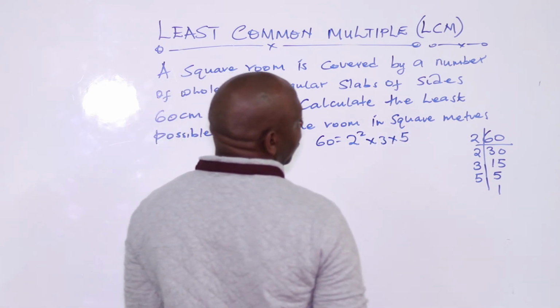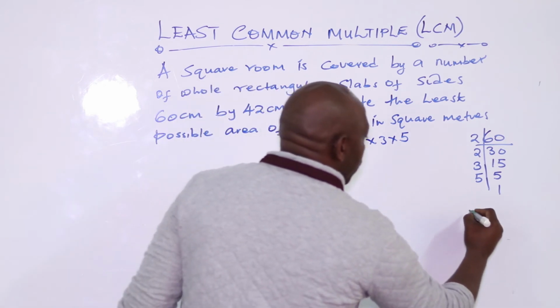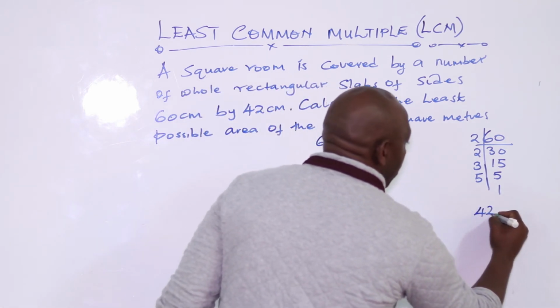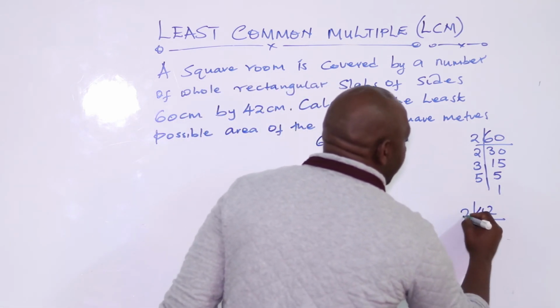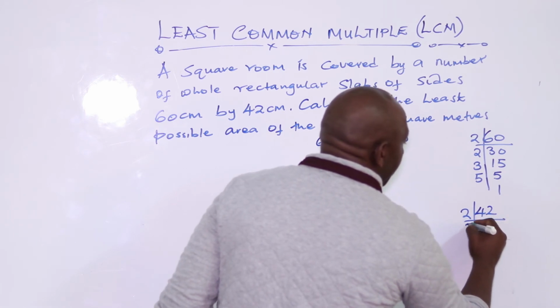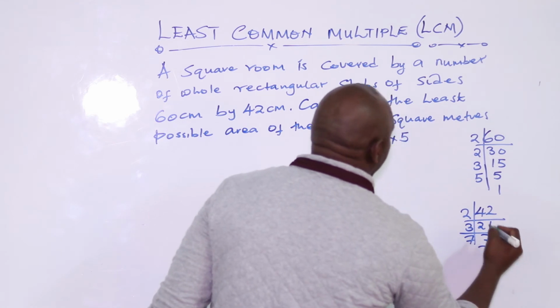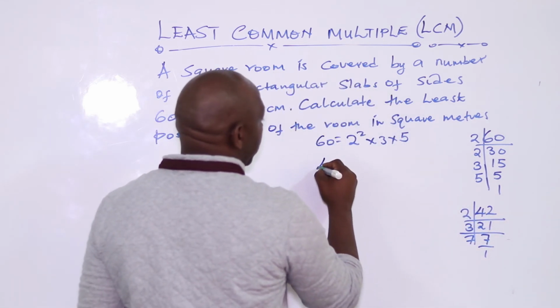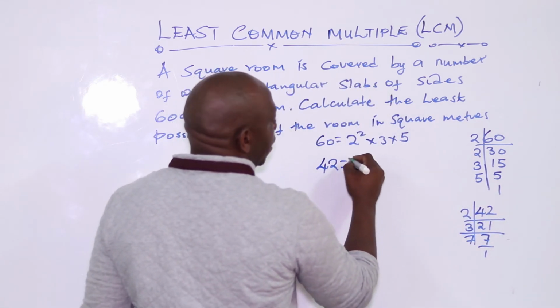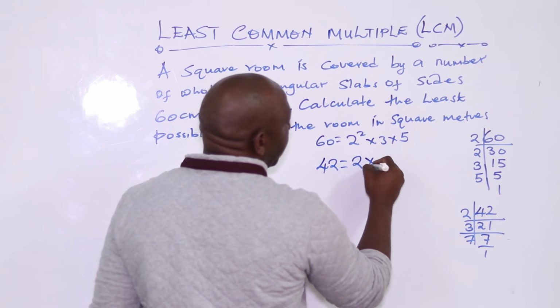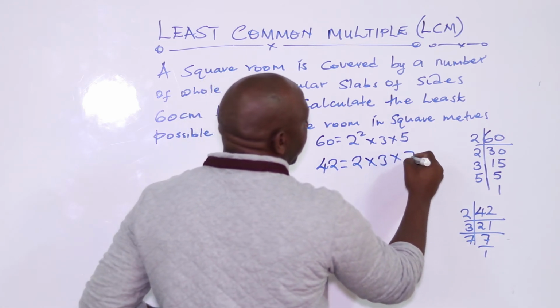Then factors of 42: by 2, 21, by 3, 7, by 7, 1. So factors of 42 here are 2 times 3 times 7.